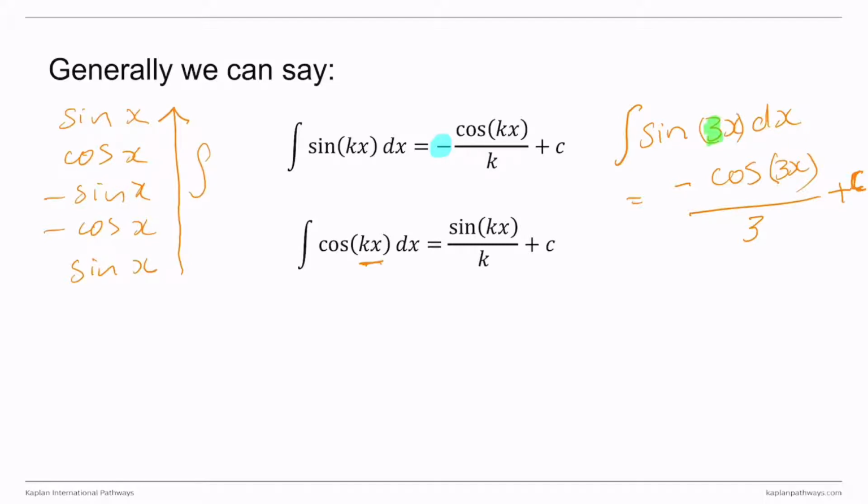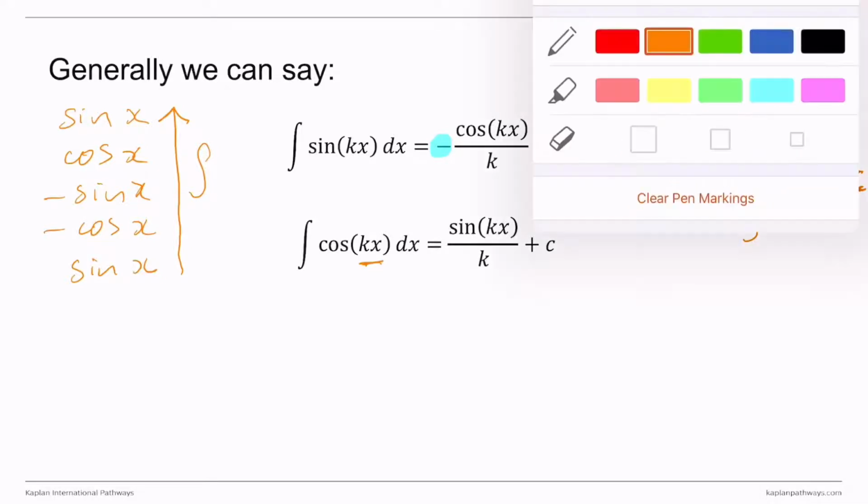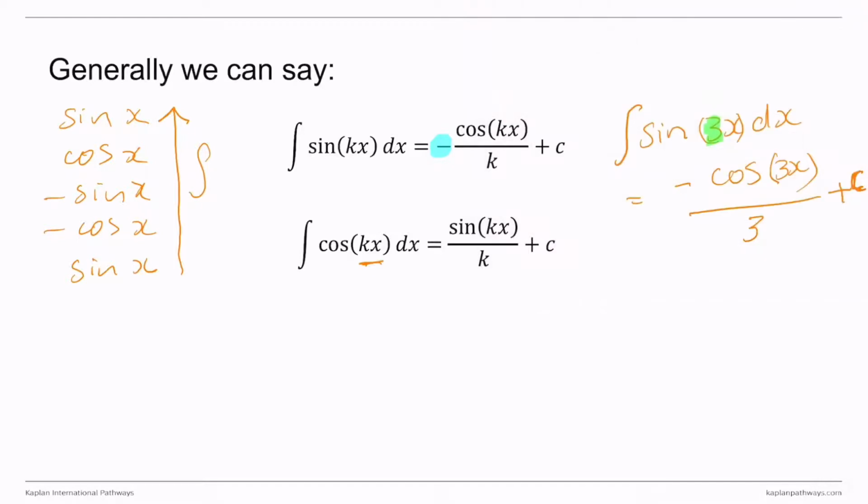So the integration for cosine kx is sine kx divided by the derivative of kx, which is k, plus c.